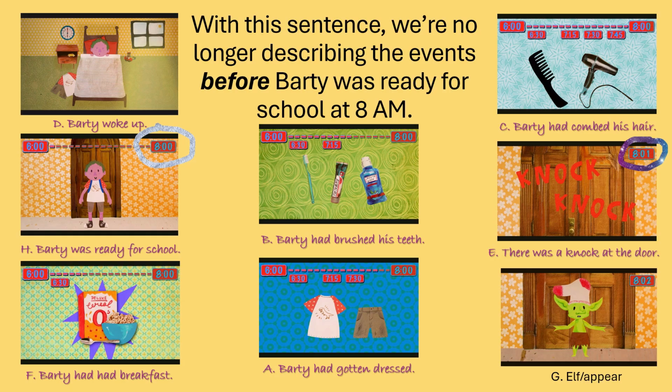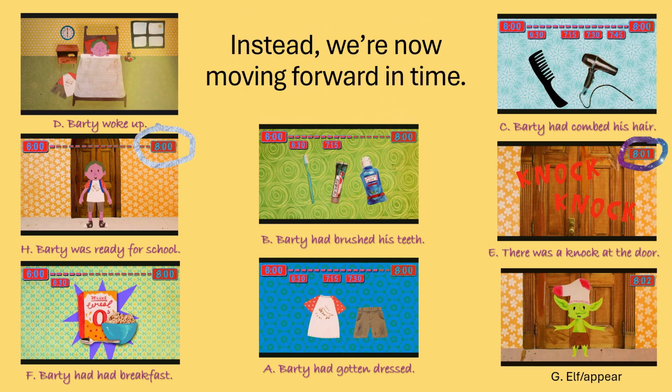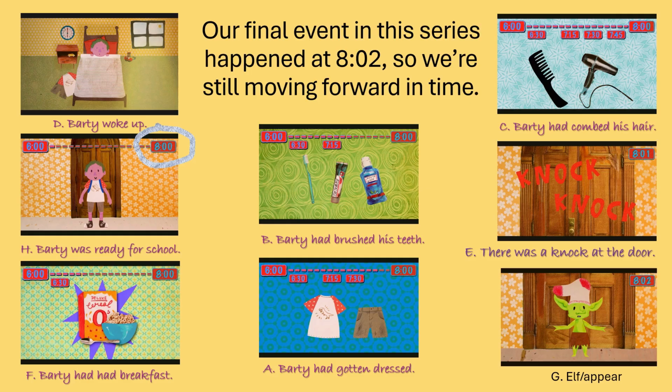And with this sentence, we are no longer describing the events before Barty was ready for school at 8 a.m. Instead, we're now moving forward in time. Our final event in this series happened at 8:02, so we're still moving forward in time.